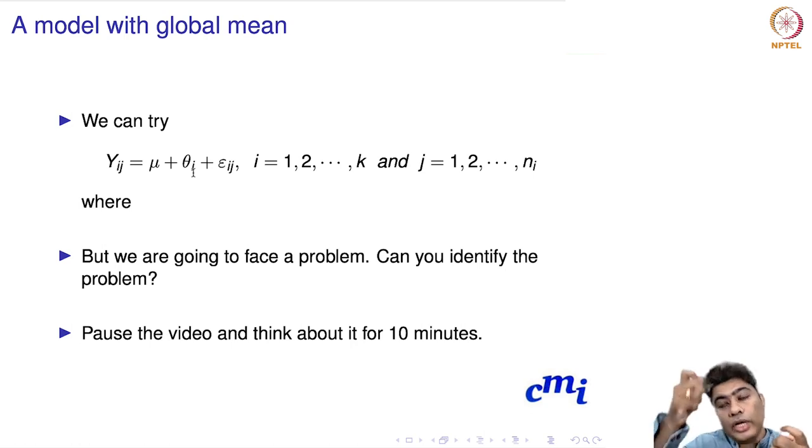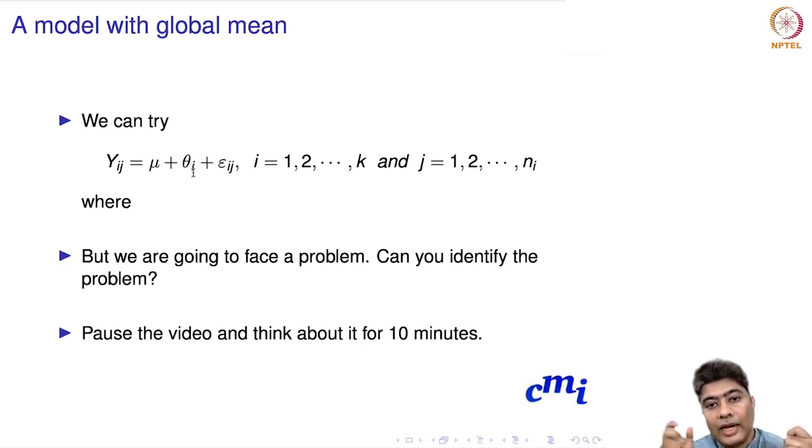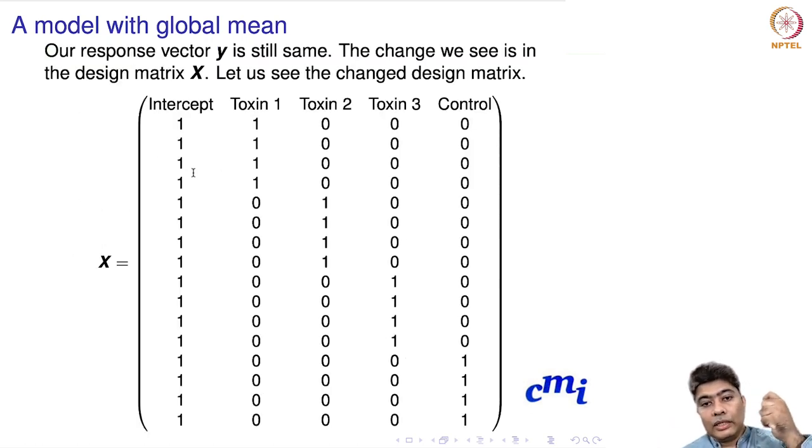For each label you create a dummy variable or one-hot encoding, and you also keep the intercept parameter. Then in the X matrix the intercept column becomes completely dependent on the columns of your predictor variables.